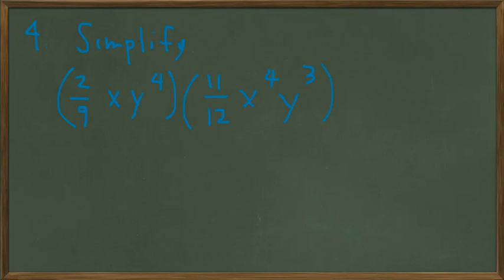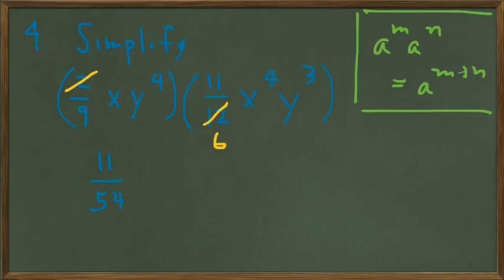Okay, so in this problem we're going to combine these two coefficients into one coefficient, first noticing that this 2 goes into this 12. And so if we combine the coefficients together, we have 11 over 54.